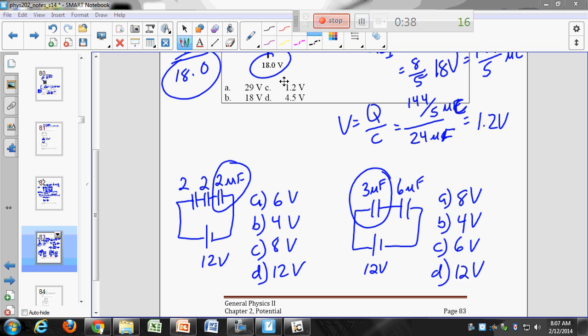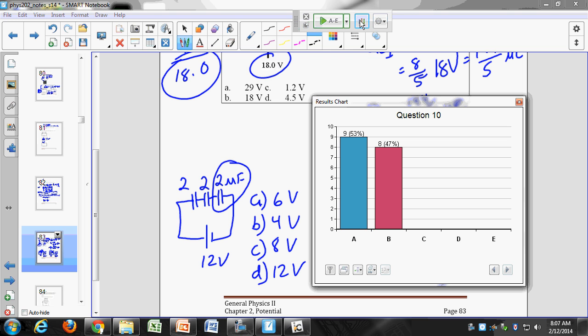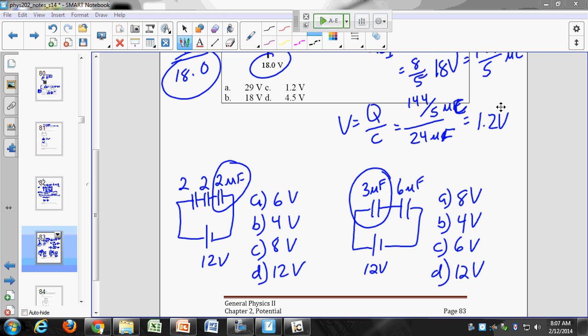All right, I'll stop at, let's do 45. Oh goodness, all right. So remember, we said that Q is equal to CV, right? I know that for these, what is constant? These two capacitors are in series, and what do they have the same of?